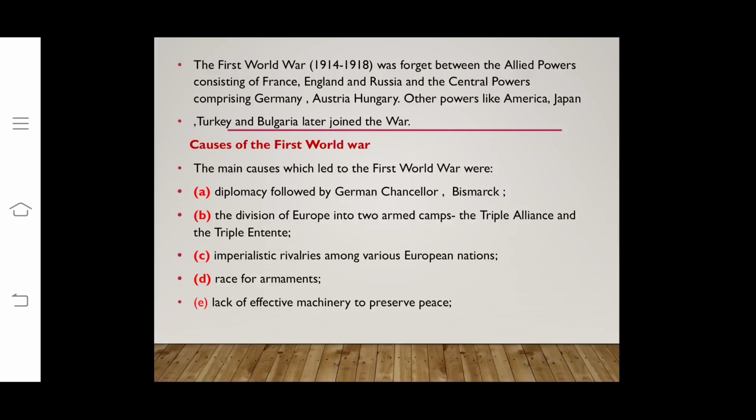This plan created a fear in Britain, France, and Russia, as the completion of the Berlin-Baghdad railway would endanger their imperialist ambitions in the Ottoman Empire. The Germans had imperialist ambitions elsewhere also, including Africa.